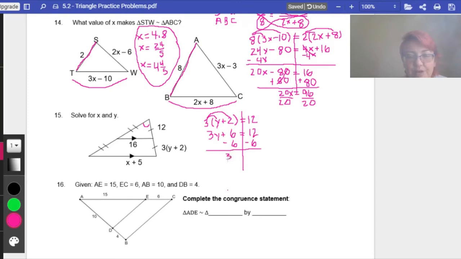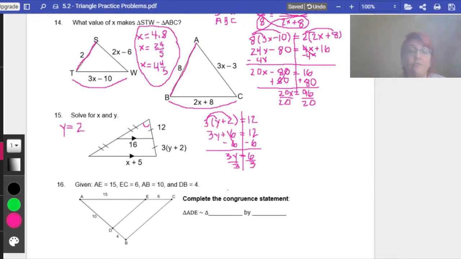And I get 3y, that crosses out, equals 12 minus 6, which is 6. Finally, we'll divide by 3, division property of equality. And y is equal to 6 divided by 3, which is 2.